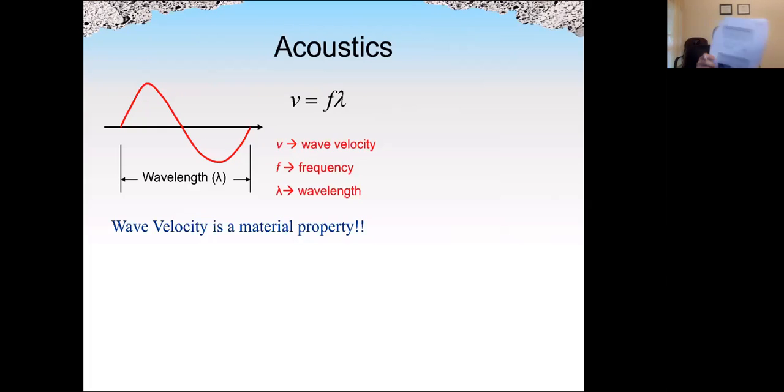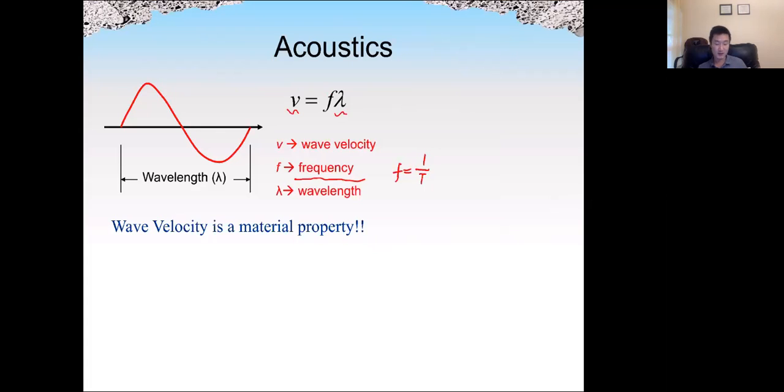So let's continue to talk about the wavelengths, speed of the wave, and also the frequency. So last time we talked about lambda. Lambda is the wavelength. Okay. V is velocity of the waves, okay. And f is the frequency. And probably you already know the frequency of the wave is equal to 1 over T, okay?